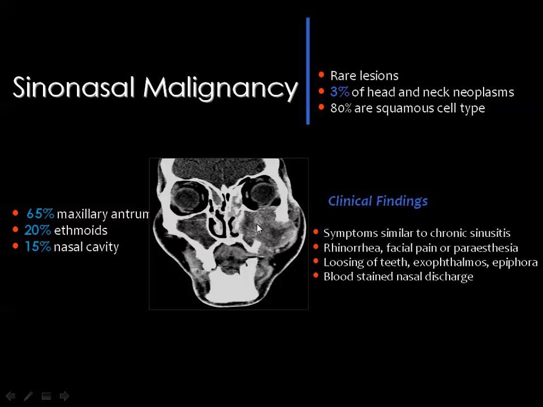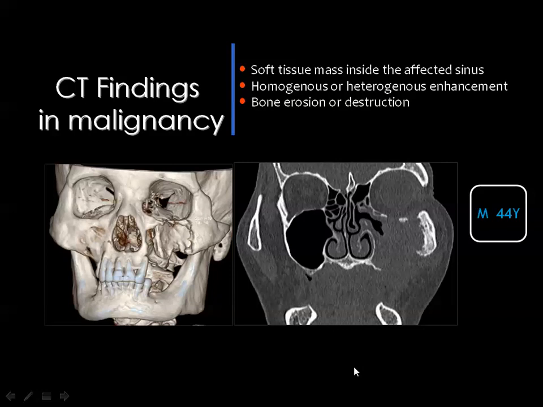The symptoms of sinonasal malignancies may simulate chronic sinusitis, but sometimes you get rhinorrhea, facial pain, paresthesia, tooth loosening, exophthalmos, epiphora, and bloody nasal discharge.